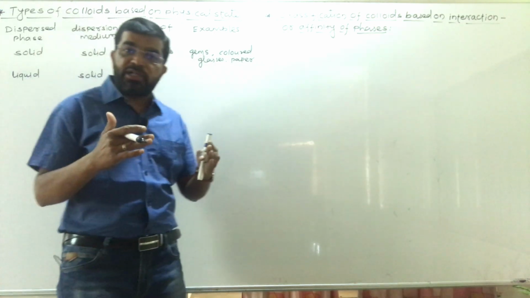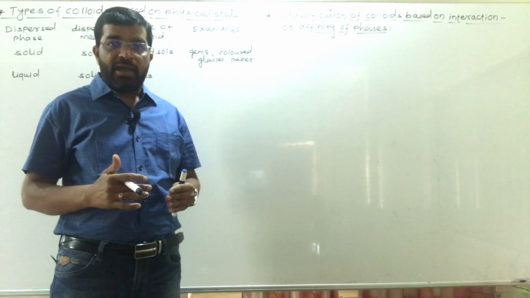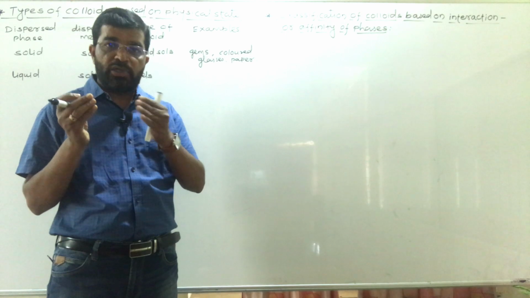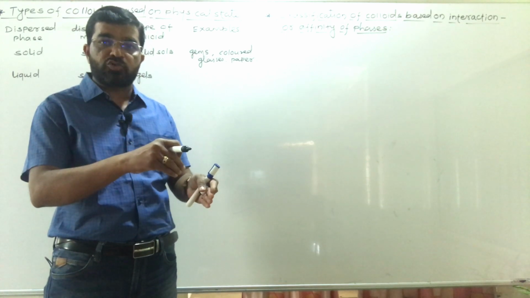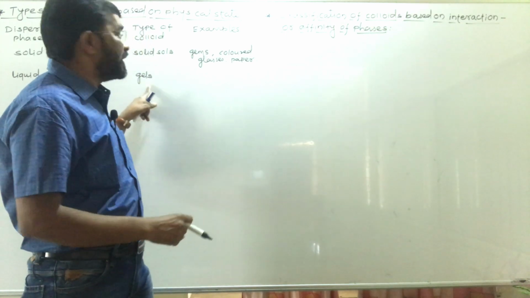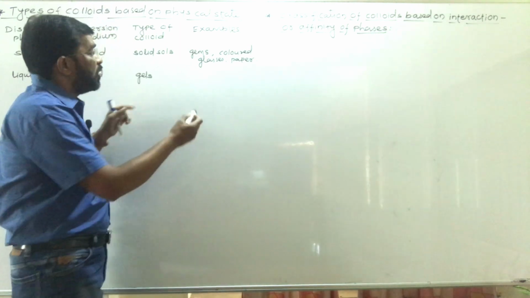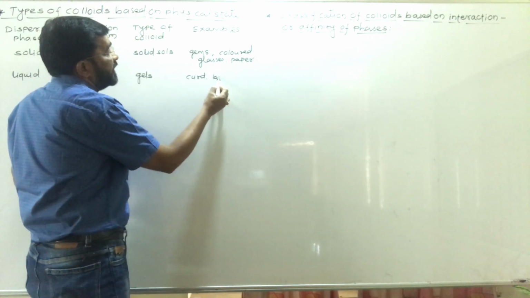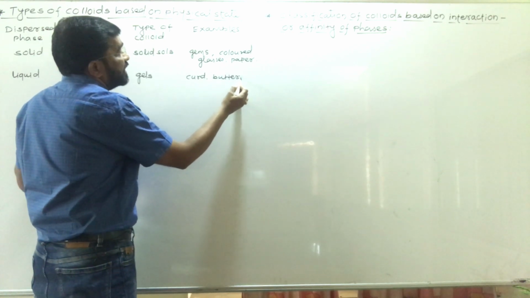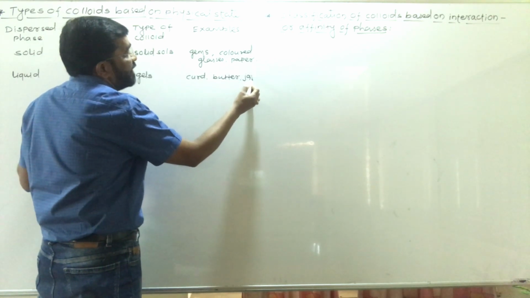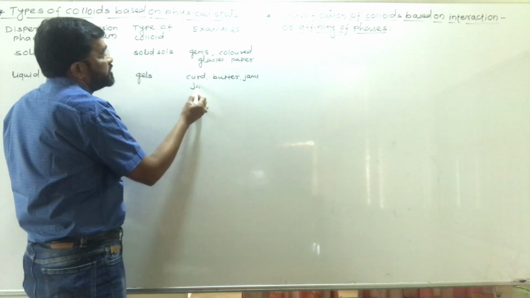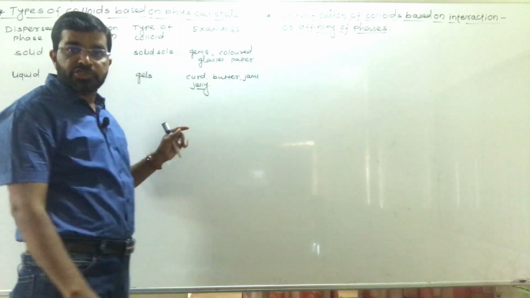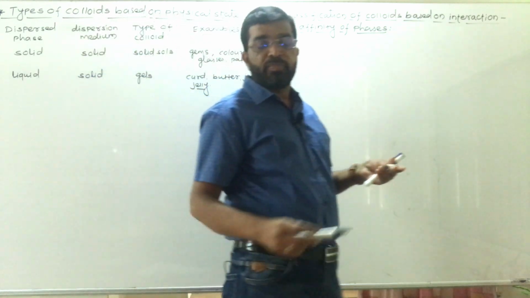Means here liquid is less amount and solid is present in more amount. So liquid in solid type of colloidal solutions are called gel. For example, curd, then butter, jams, jelly are examples of this type of colloidal solution.